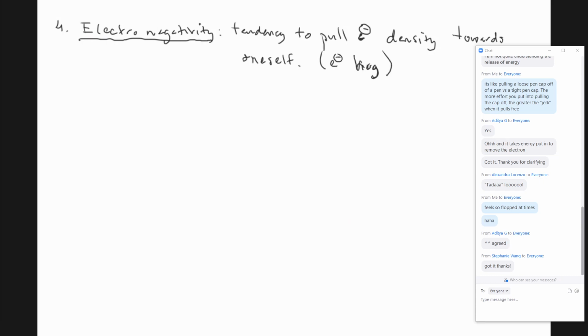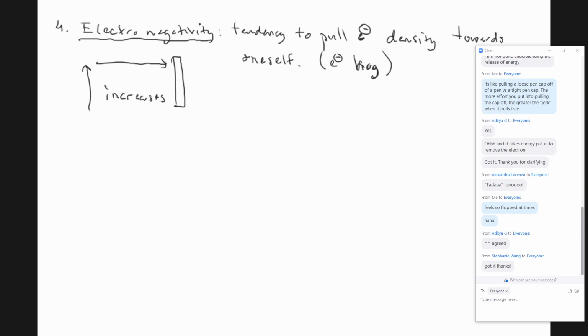Because if we keep moving up and to the right, you're going to see this trend being an increase in electronegativity, because the further to the right you are, the closer you are to getting a noble gas configuration, right? If these are your noble gases, these are the Warren Buffetts, right? This is where you want to sit. You're sitting fat, stable, not having to do anything.